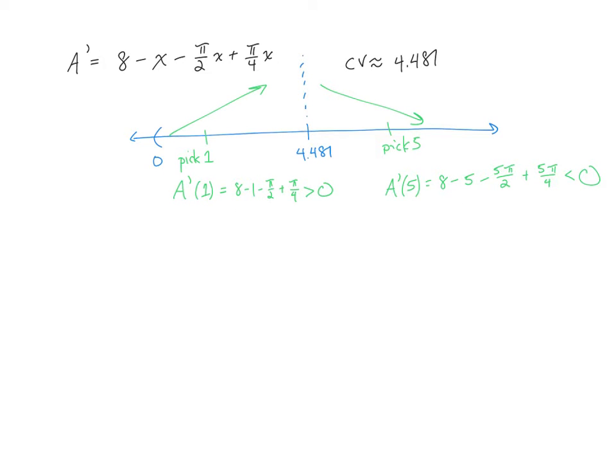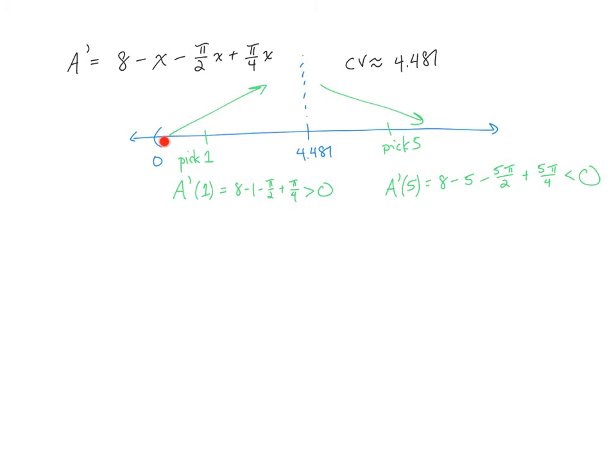So here on this slide, we have the derivative from the last slide, the critical value from the last slide, a number line starting at 0 and our critical value 4.481. I picked 1 to the left of 4.481, and I know it'll be something positive.